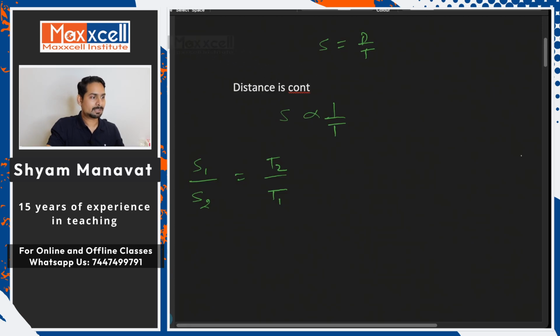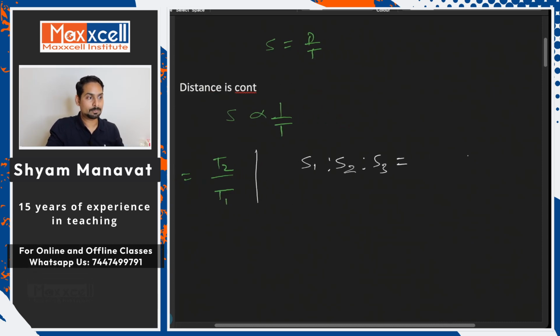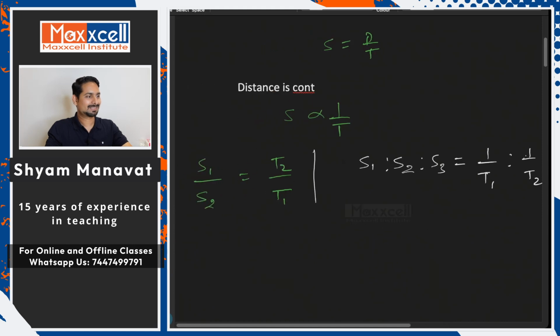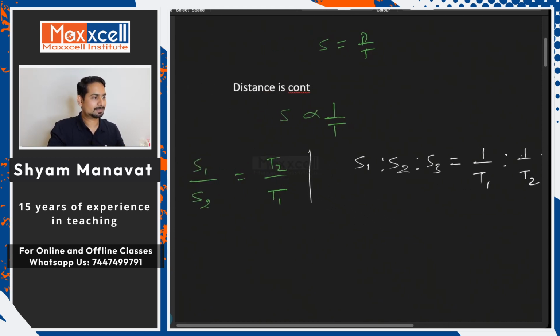We can also say that the ratio of speeds S1 to S2 to S3 equals the inverse of the ratio of time taken by them, so 1 upon T1 to 1 upon T2 to 1 upon T3. This is what happens when distance is constant.